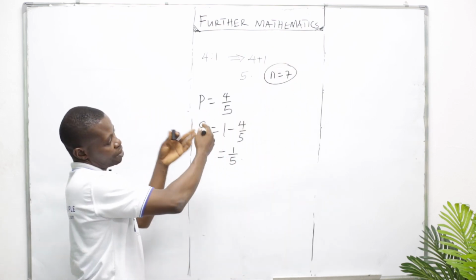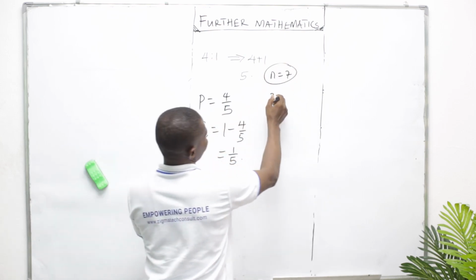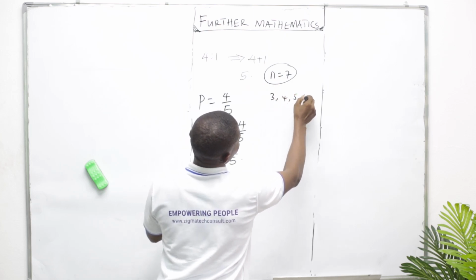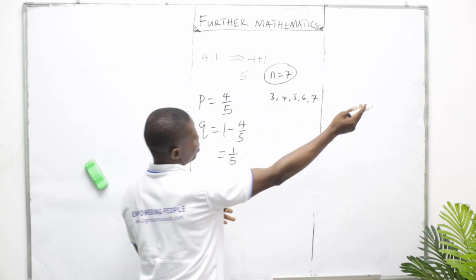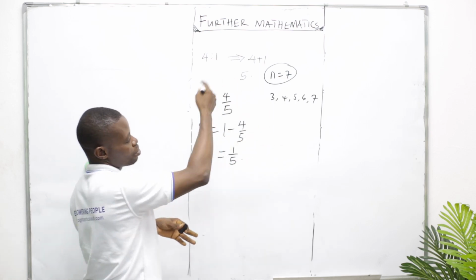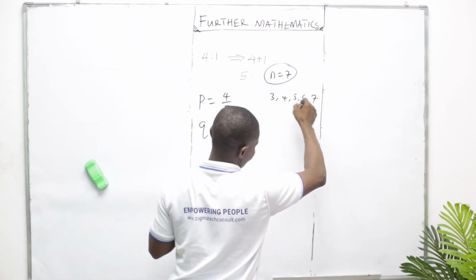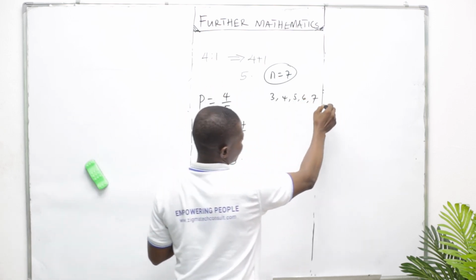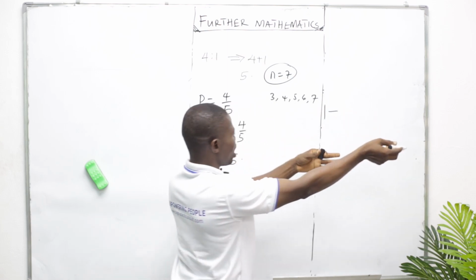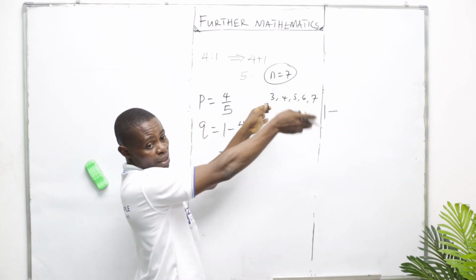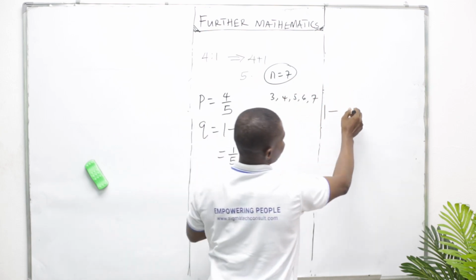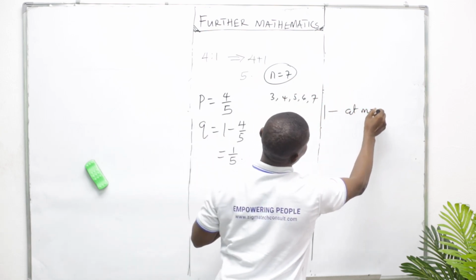Now it's starting from 3, meaning we're going to solve 3, 4, 5, 6, 7. A lot of stress. So I will choose to go to failure. That's 1 minus failure at most. So this one is at least. I'm going for who? At most 2, like what we did some time ago.